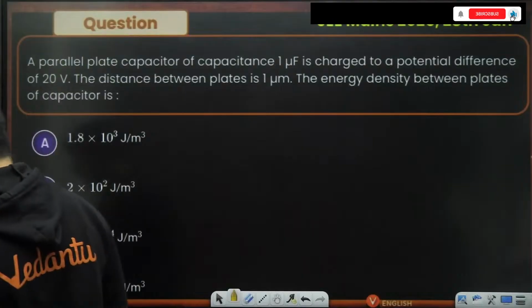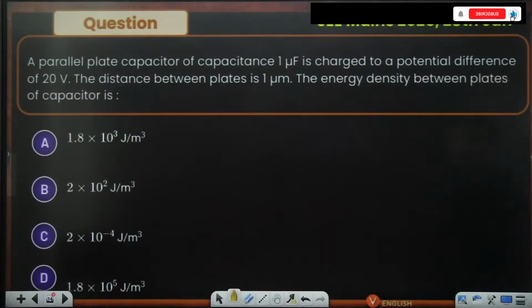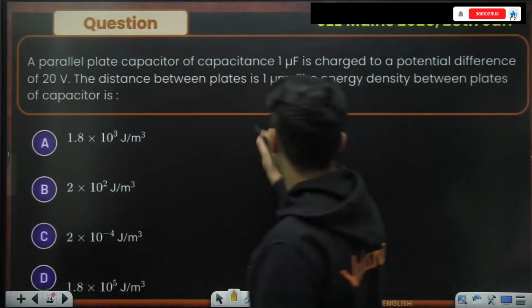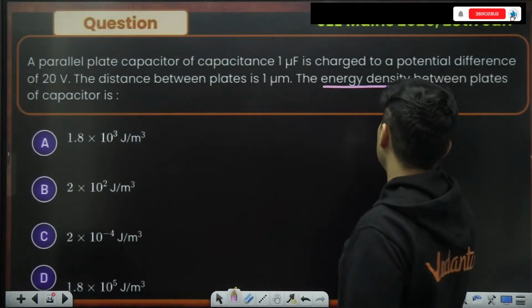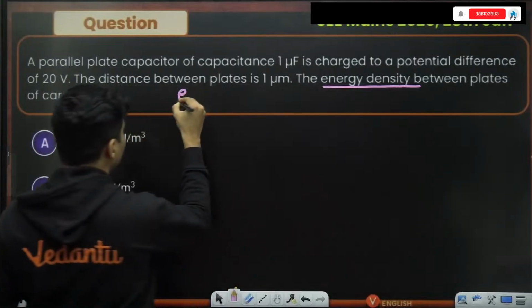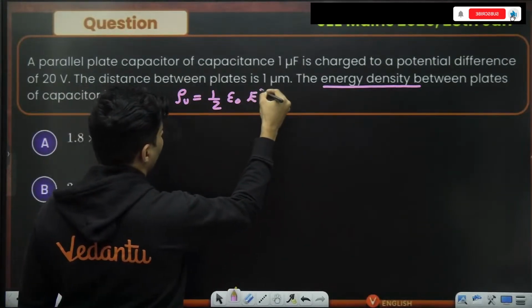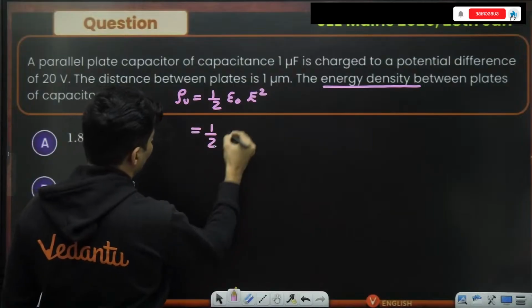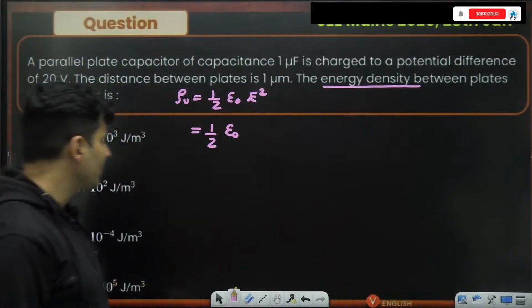Cool. Yeah. So it is charged to a potential difference. The distance is given. The energy density is asked. Look at this. Question is on energy density. So energy density is half epsilon naught electric field square. But the problem is I do not know the electric field. Maybe something else is given for me.